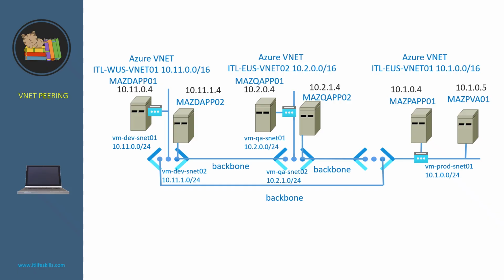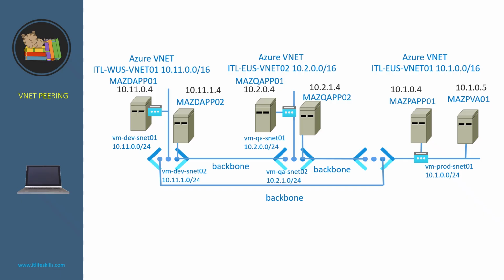The simplest and quickest way to allow resources in one VNet to communicate with resources in a different VNet is to configure VNet peering. VNet peering sets up the routing between the two VNets via the Microsoft Azure Backbone Network connection.